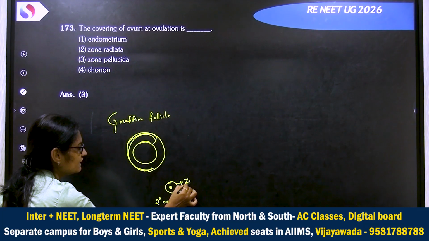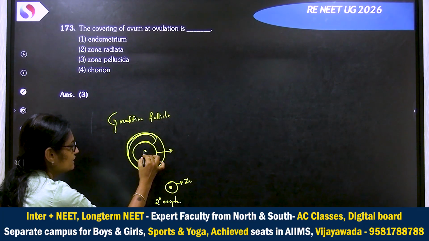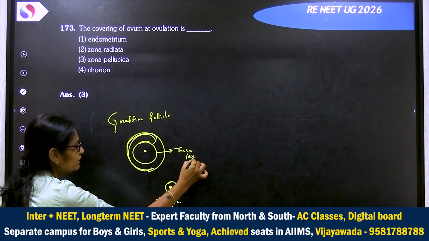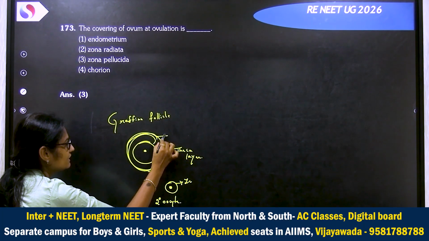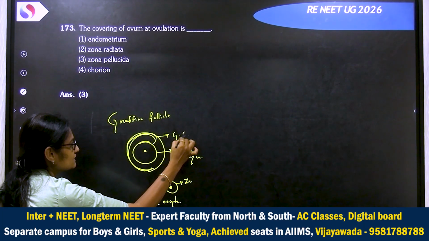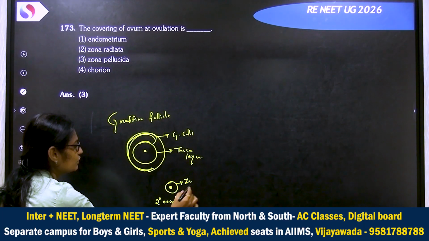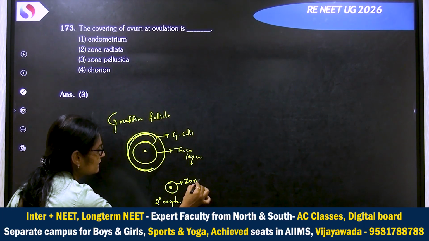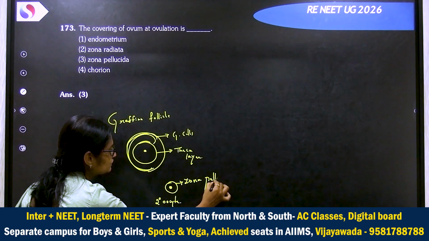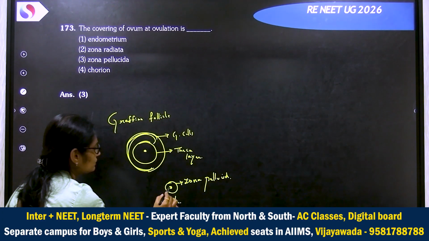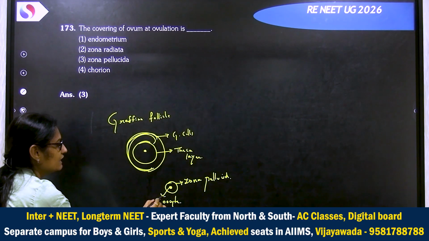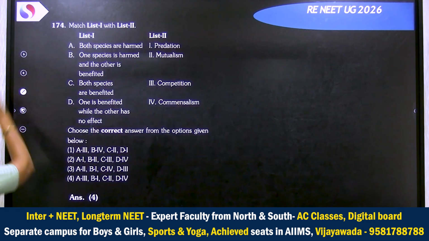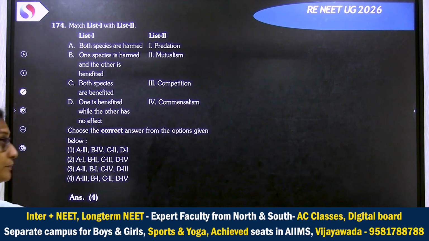Apart from the granulosa cells and the theca layers, theca externa and theca interna, what is the new layer formed at the time of ovulation? Our answer is zona pellucida. This layer surrounding the secondary oocyte or ovum is called the zona pellucida.